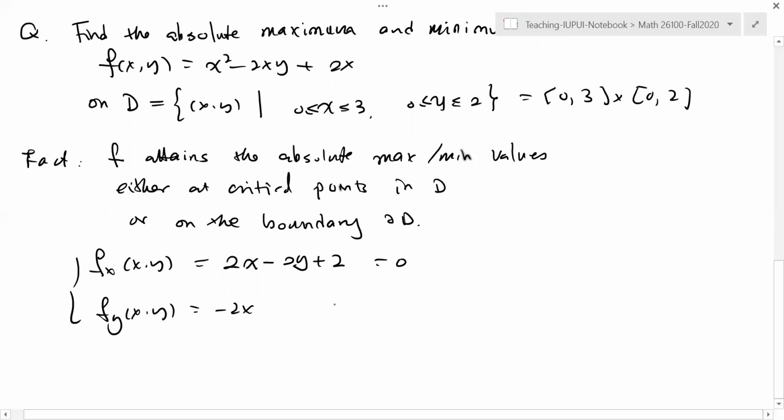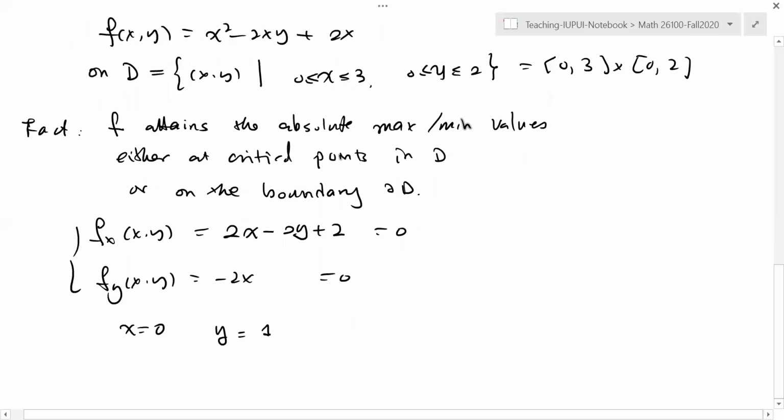Okay, you set these to be 0, and clearly x is going to be 0 from the second equation. When x is 0, y is going to be 1. So that's only one critical point, (0, 1).